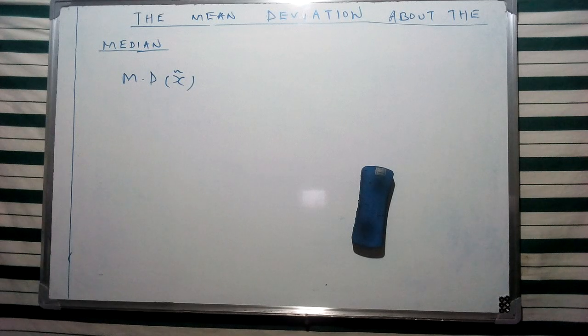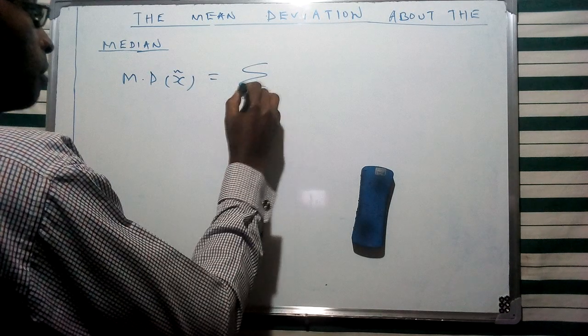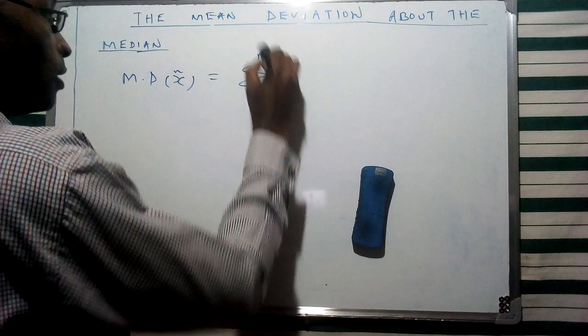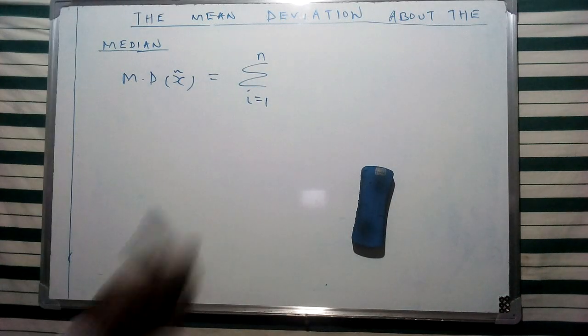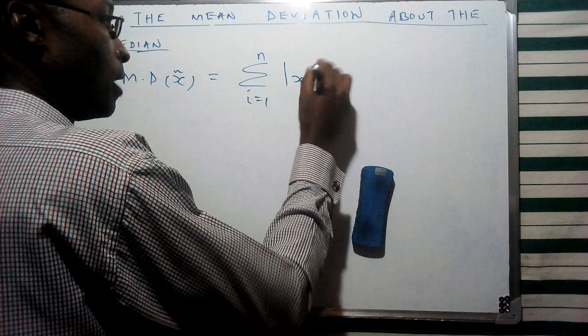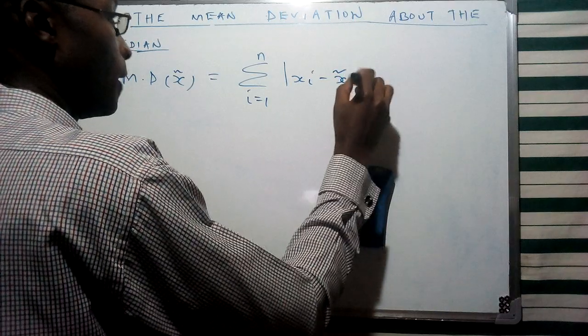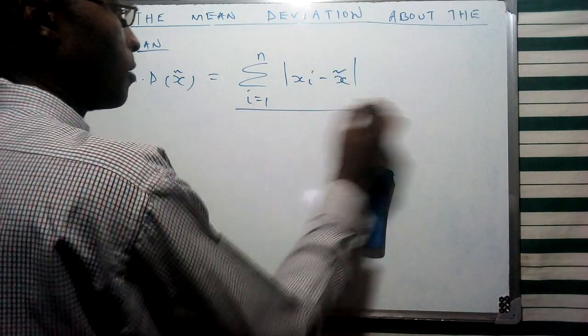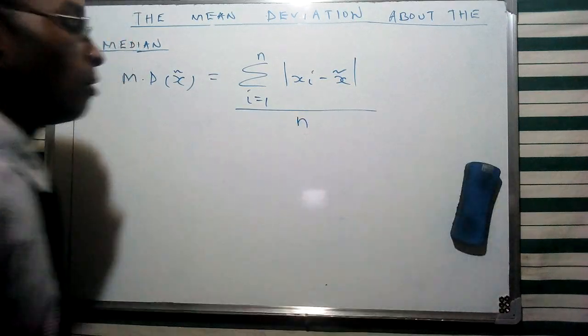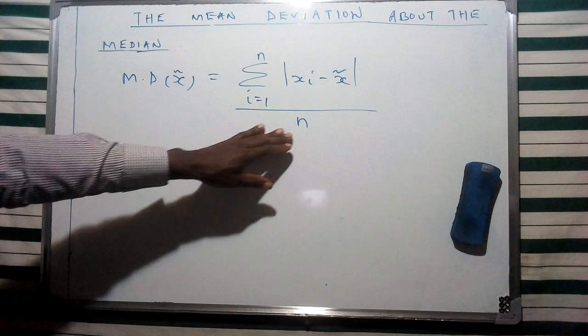And this is going to be given in terms of the summation from i equals 1 to n of the deviation of different values from the median, divided by the number of observations, given as n.